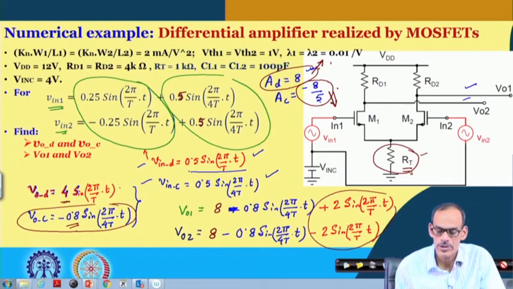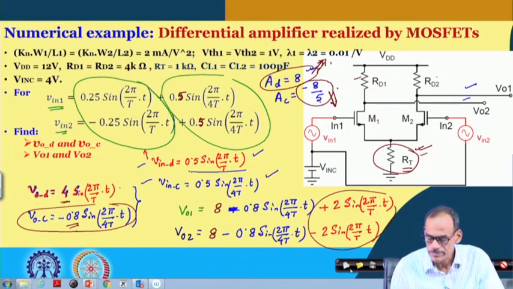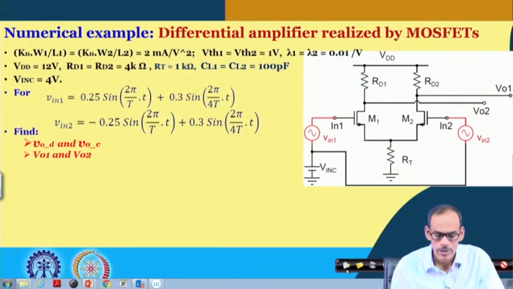And in case you want to increase the gain, we can replace these two passive resistors by active loads. That example we will see some other day, but today we will be replacing this passive element by an active element.